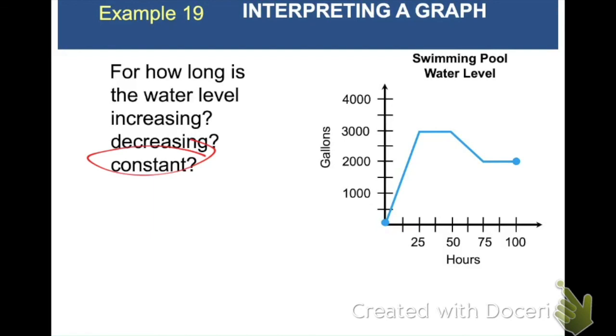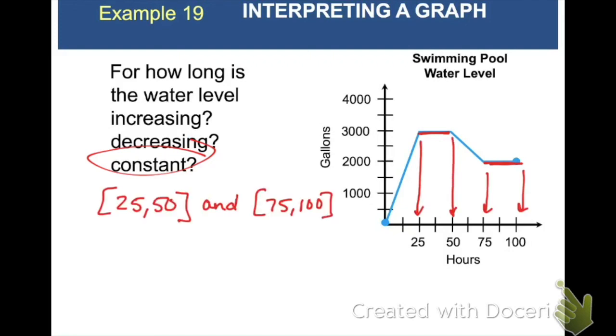And then constant would be these two parts right here. It'd be right here and right here. So that would be 25 to 50 and 75 to 100. So right here is 25 hours, right here is 25 hours. So the water level is constant for a total of 50 hours.